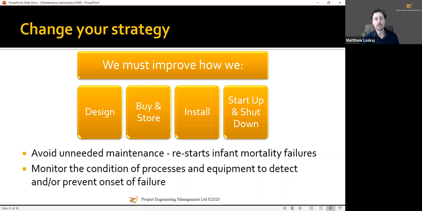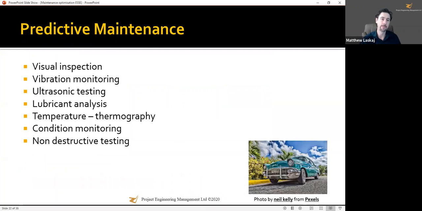The better way to do it is to monitor the condition to detect when you think it's going to fail, then take action. So monitor it, be able to assess it's good, we don't touch it, or it's starting to deteriorate, let's plan maintenance in. So predictive maintenance is one of the most effective maintenance techniques you can look at.